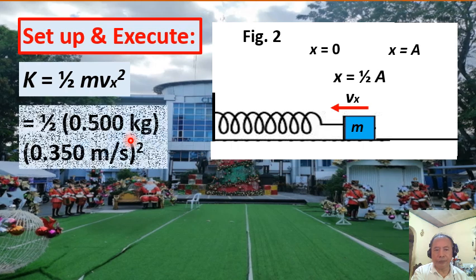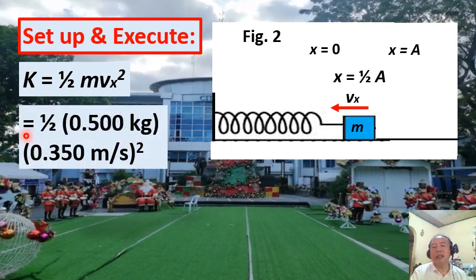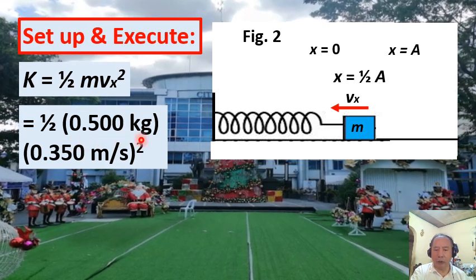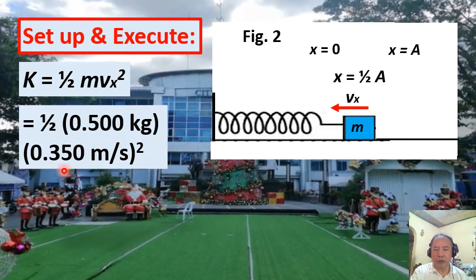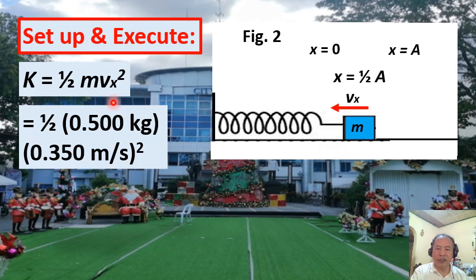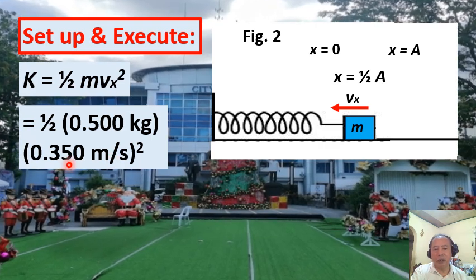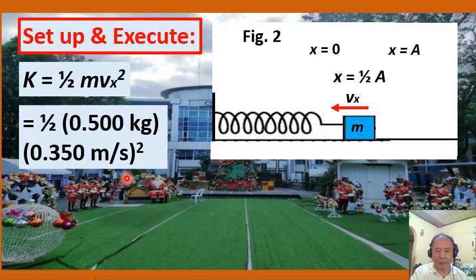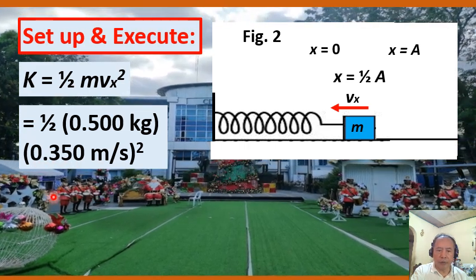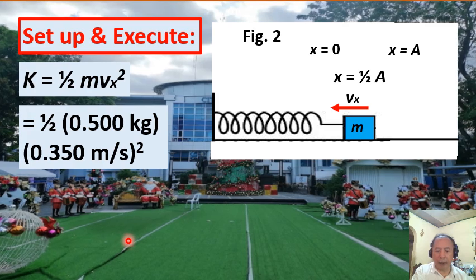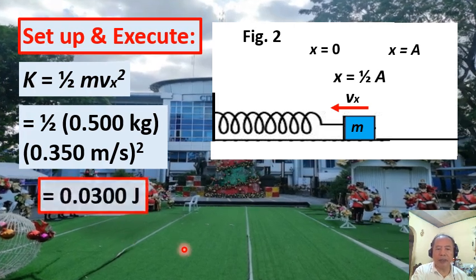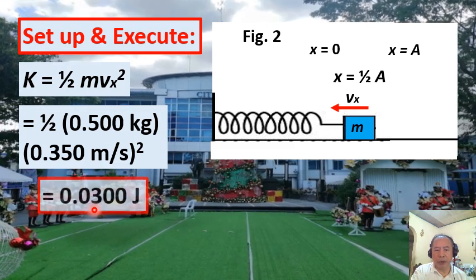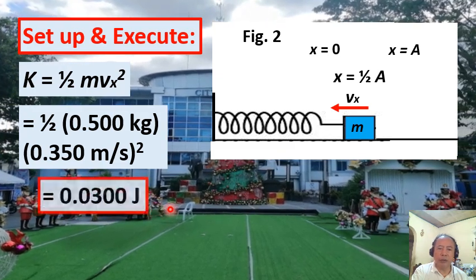That is, kinetic energy is equal to 1/2 times its mass, 0.500 kilogram, and multiplied by the square of its instantaneous velocity Vx, earlier calculated 0.350 meters per second. So, when we simplify, we get the value of the kinetic energy equal to 0.0300 joules, also rounded to three significant figures.